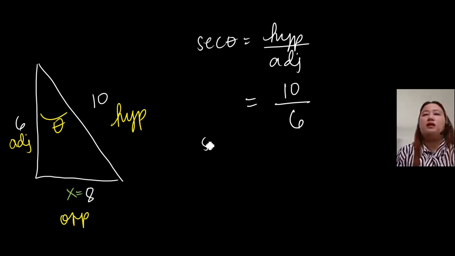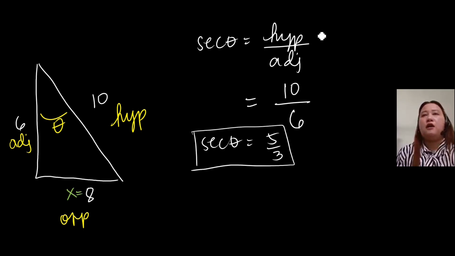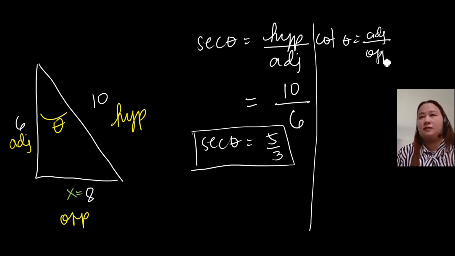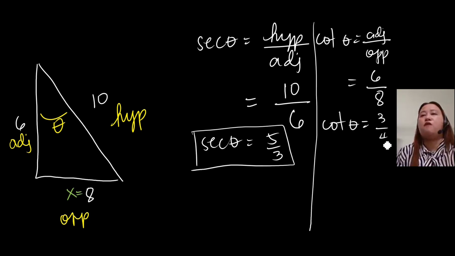So secant theta is 5/3. And then for cosecant is done, so we have the cotangent. Cotangent theta is adjacent over opposite. So substituting, adjacent is 6, opposite is 8, therefore cotangent theta is 3/4.